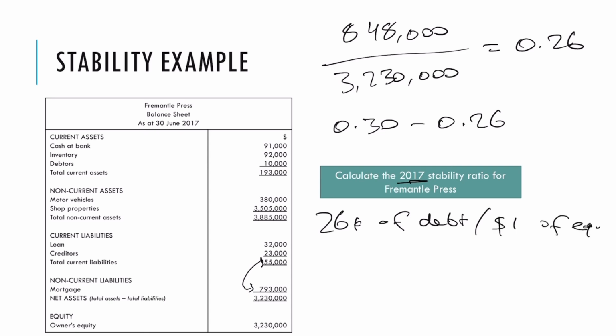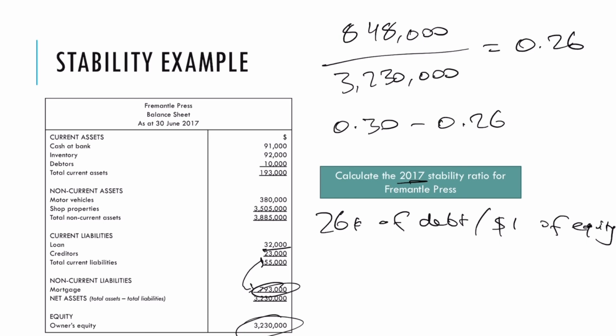So this ratio has improved for us because, in real terms, the company's paid off a little bit of its mortgage, and it's paid off $10,000 of its loan as well. Owner's equity has also increased, which has meant that comparing equity to liabilities has improved favorably in terms of the owner's share as well.